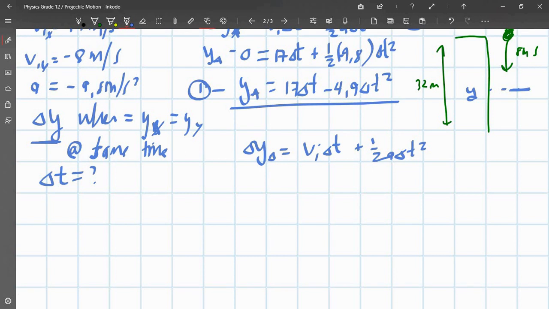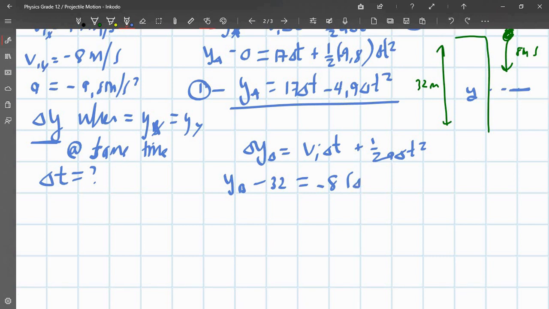So yb is final minus initial. So the final position will be yb minus the initial position, which in this case was 32 meters high. Right. Just remember the change in there. Is equal to velocity initial. The initial velocity was minus 8 meters per second. Change in time is equal to change in time.